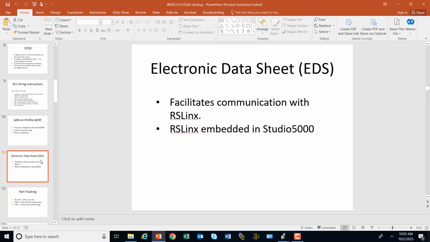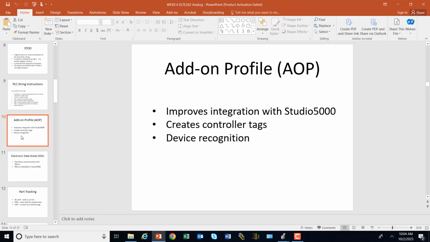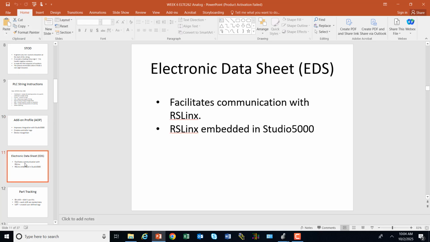So we were having some interesting issues with this. Initially when it came in, we were getting the device showing, but it had a yellow question mark. The thing still works that way. If you have the add-on profile on, you'll still have your controller tags. It won't be totally happy, but it will work.